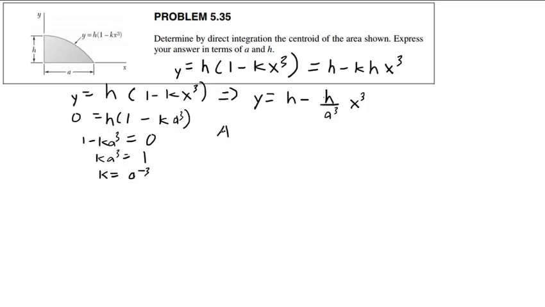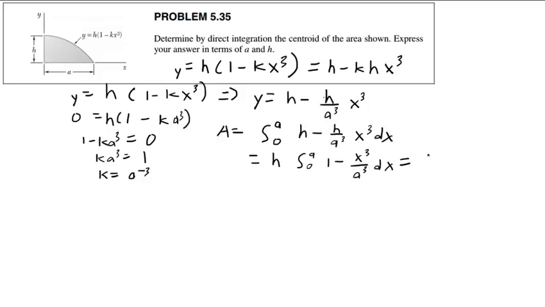My area is going to be equal to the integral from 0 to a of h minus h over a to the third x to the third dx. Let me pull the h out. Maybe I shouldn't have distributed that. That's okay. h times the integral from 0 to a of 1 minus x to the third over a to the third dx, which equals h times x minus x to the fourth over 4a to the third, evaluated from 0 to a.